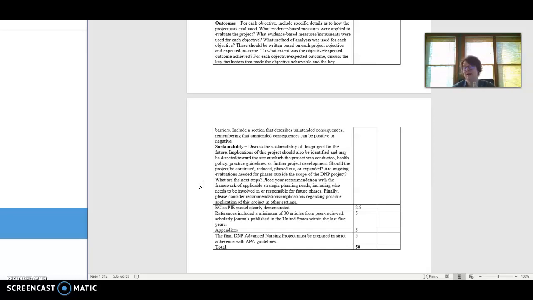That's the underlying component, that our focus is on increasing and improving outcomes for whatever our population or our issue or our concern may have been. That's the underlying focus. So if you have any questions whatsoever about the final paper, please let me know.